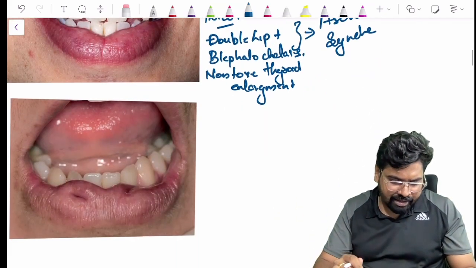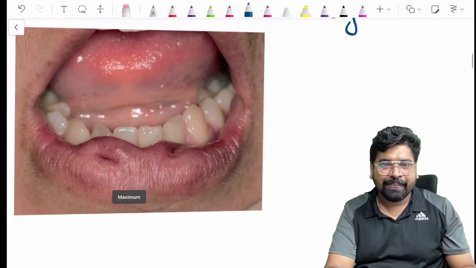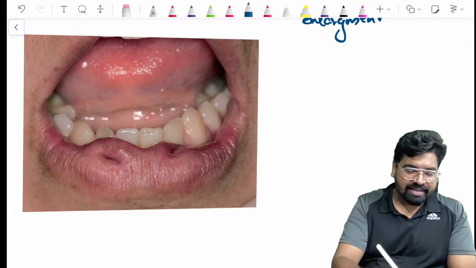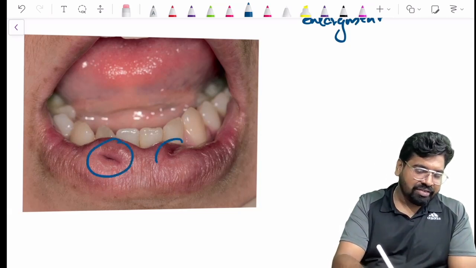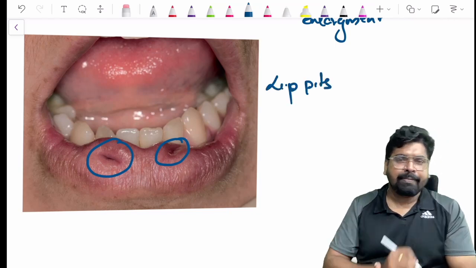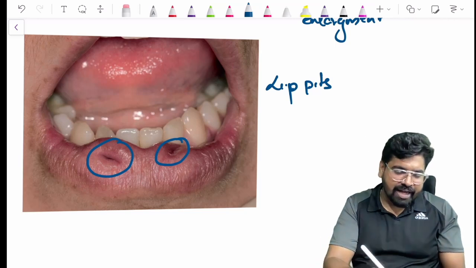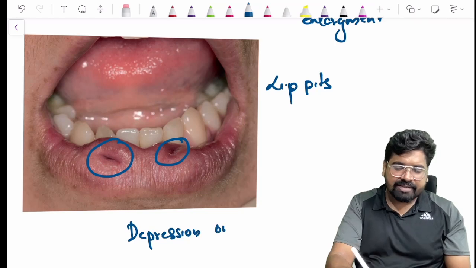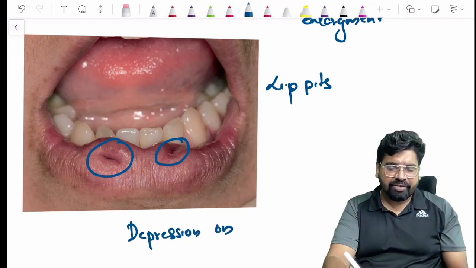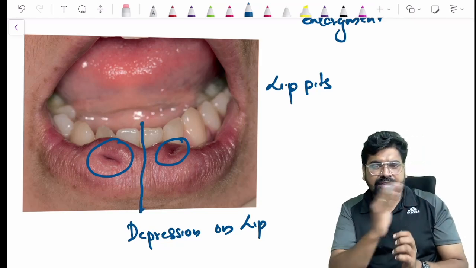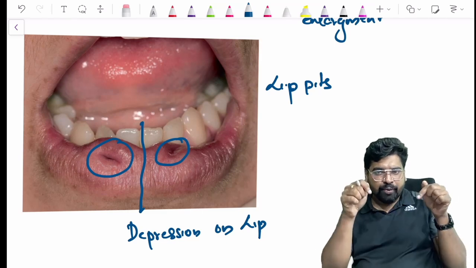Come to this last one. You are familiar with this because we have discussed it when we discussed syndromes. What is this? They are lip pits, depressions on either side of your lips. If you see the center, on either side of the center on the lips we have two depressions there.